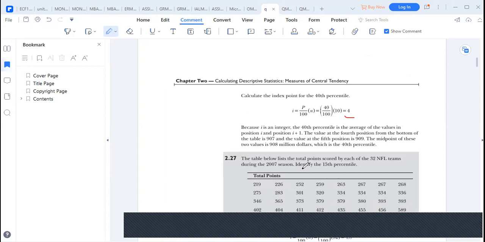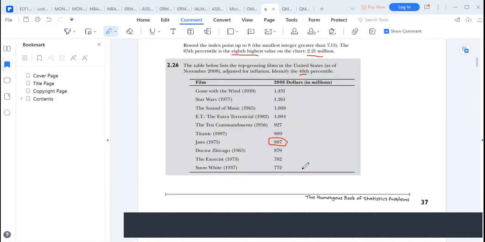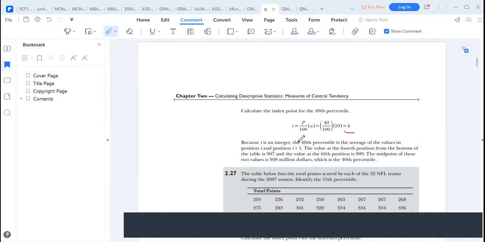Since it's an exact whole number, for the 40th percentile we take the ith position and the position plus 1.